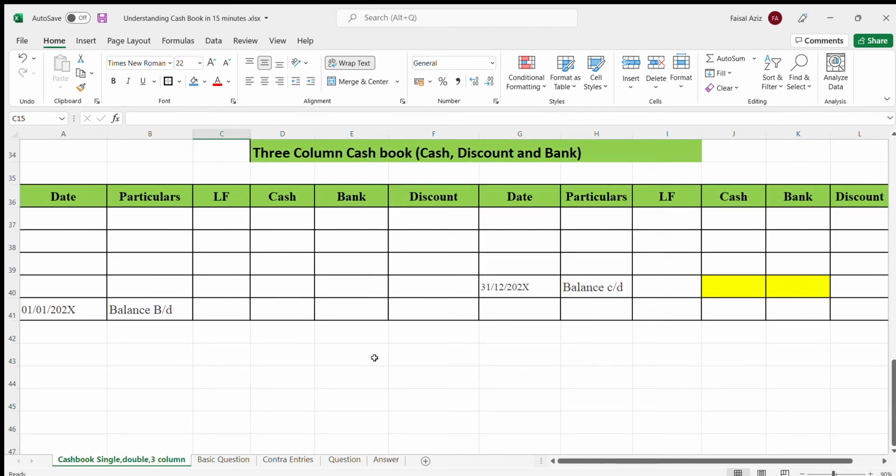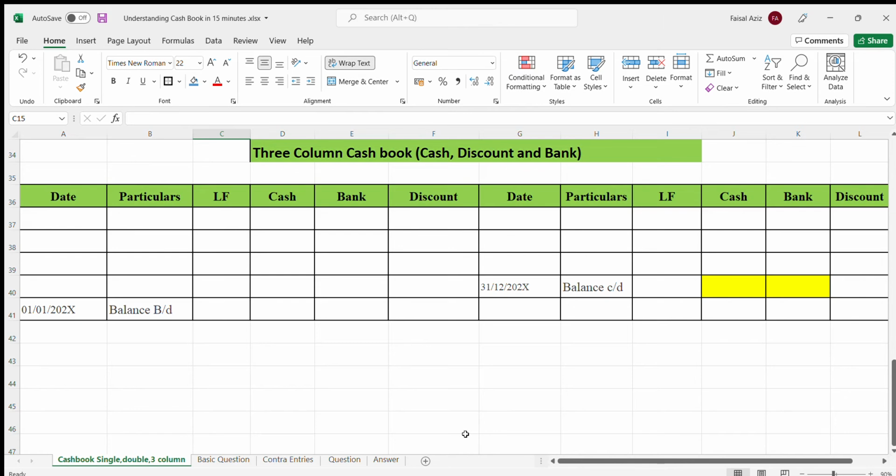Viewers, the third one is the three column cash book. The triple column cash book is also referred to as the three column cash book format, and it is the most exhaustive form, which has columns for cash, bank, and discount.